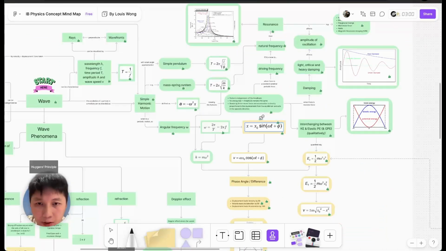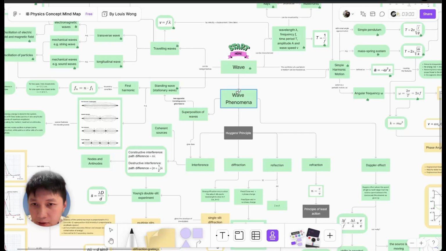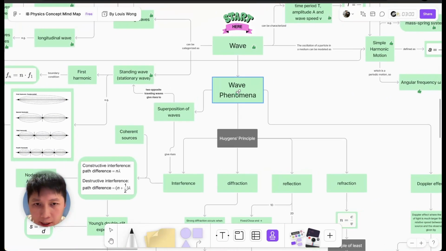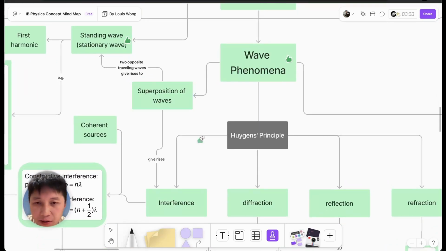Now we are done with SHM, so let's go back to a more fundamental idea. I would like to talk about the wave phenomena, and you probably have seen the demonstration of how waves can overlap each other.